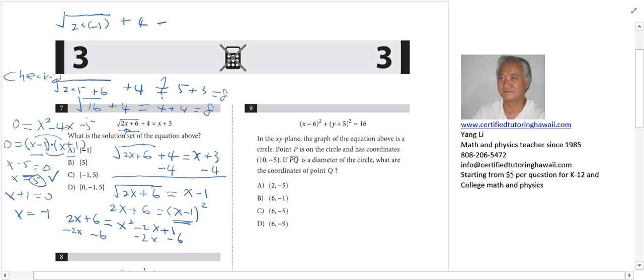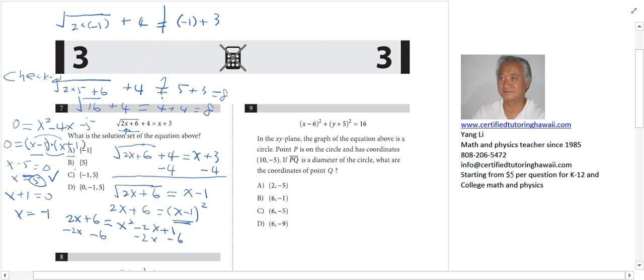To see if this equals negative 1 plus 3. Okay, 2 times negative 1 is negative 2. That's not good already, so for this one, definitely it is not equal.